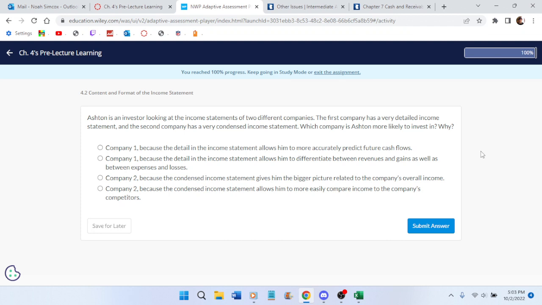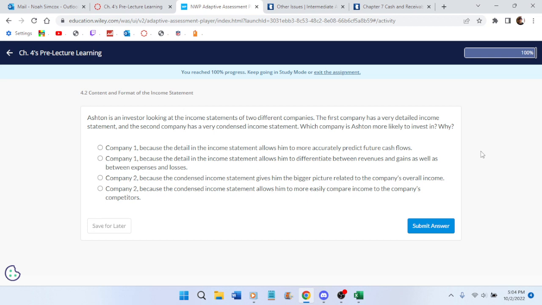Ashton is an investor looking at... Oh, weird. Why isn't this one showing me the answer? Ashton is an investor looking at the income statements of two different companies.